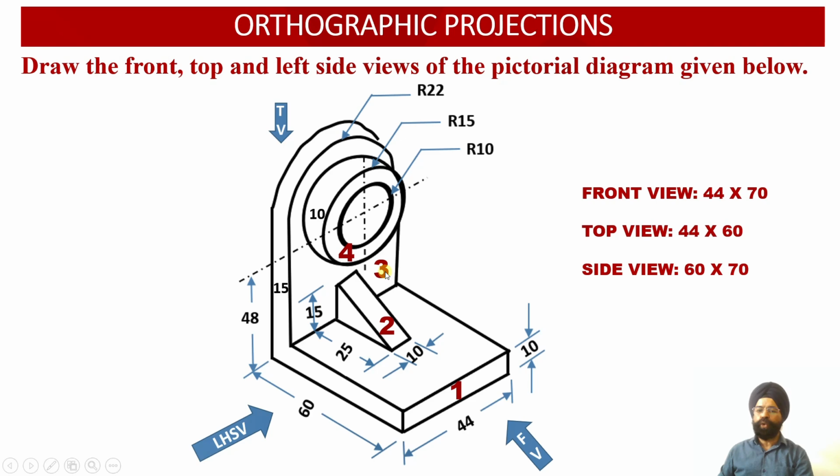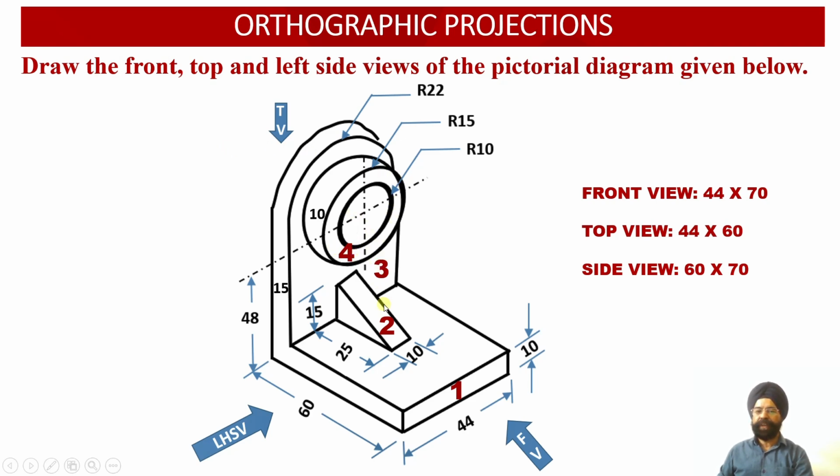So again the true shape of the surface will be viewed in the front view on the vertical plane. Then you have this projected circular web, which is a circular portion of the web, and it is parallel to the vertical plane. So on the vertical plane, the true shape projection of the circular web will be obtained.